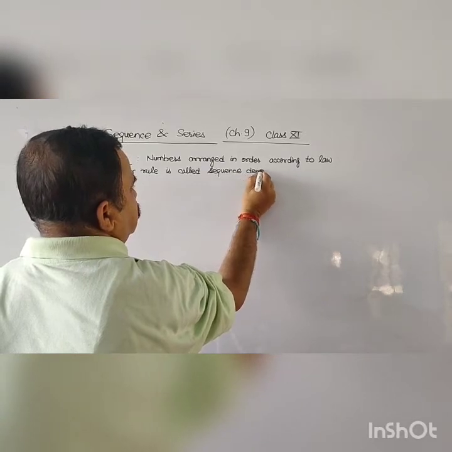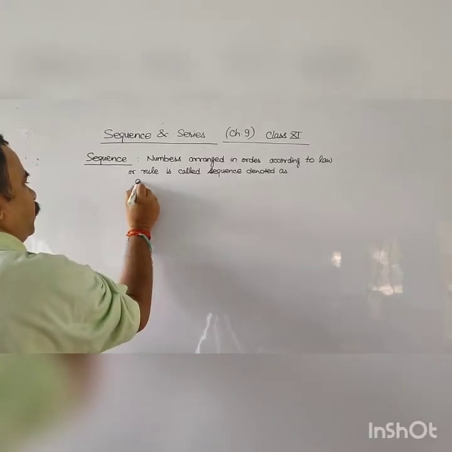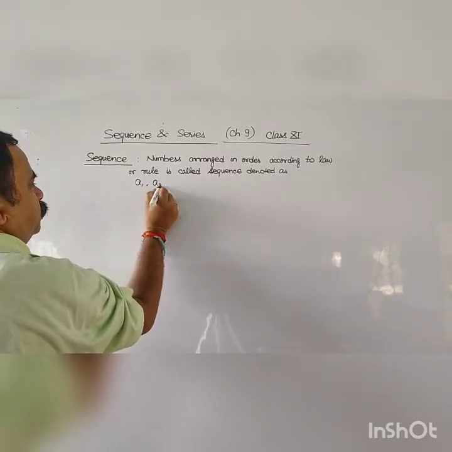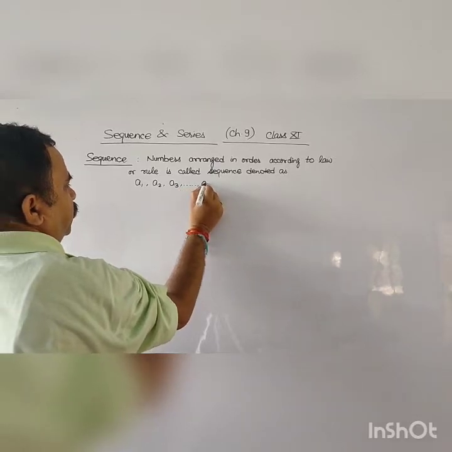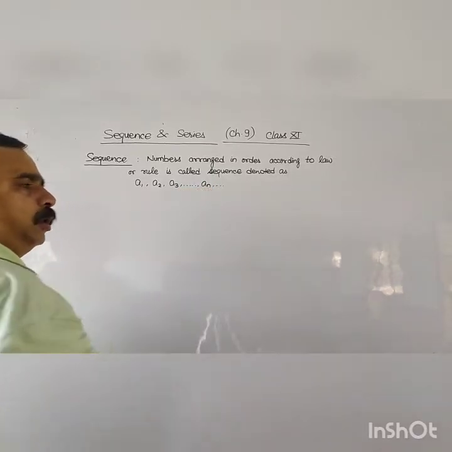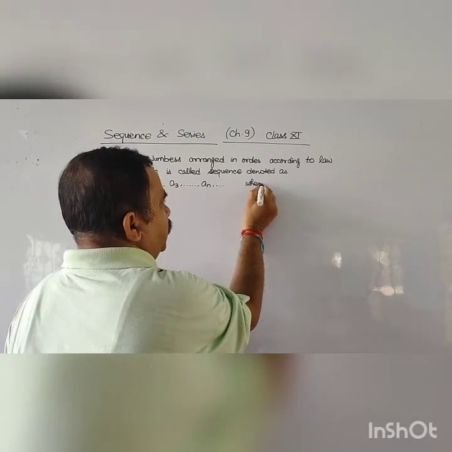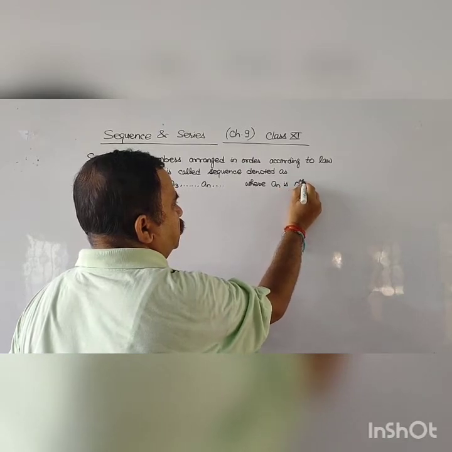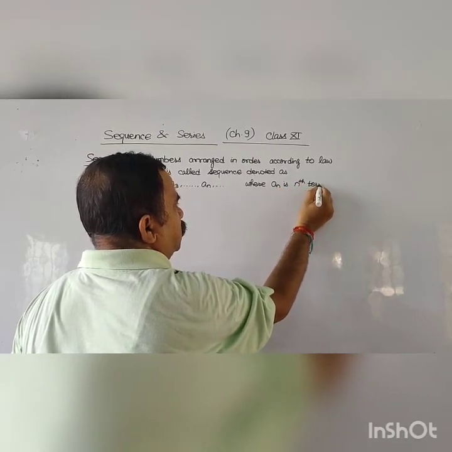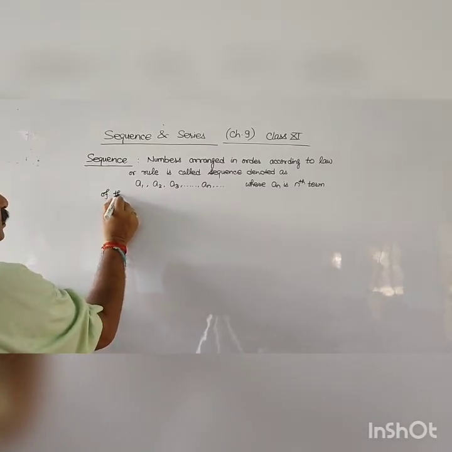Denoted as A1, A2, A3 and so on, AN and so on, where AN is the nth term of the sequence.